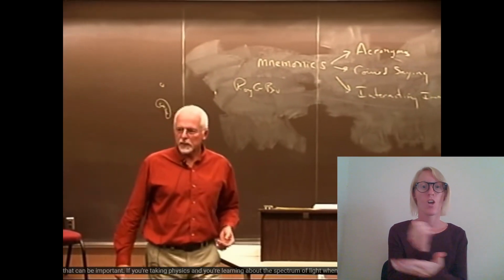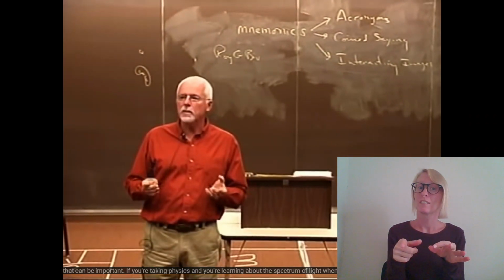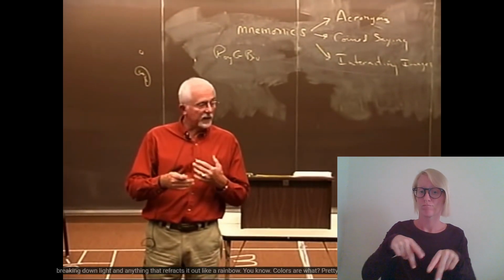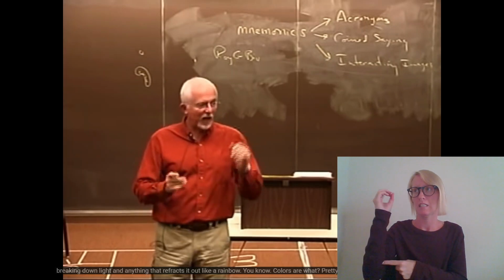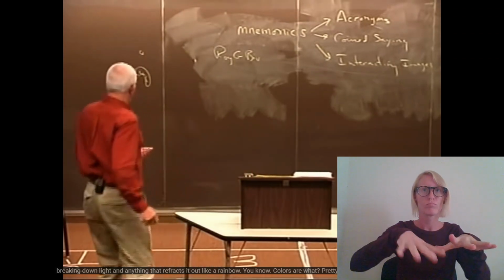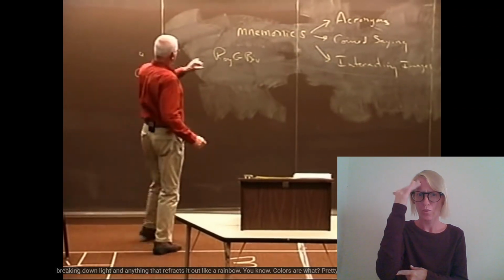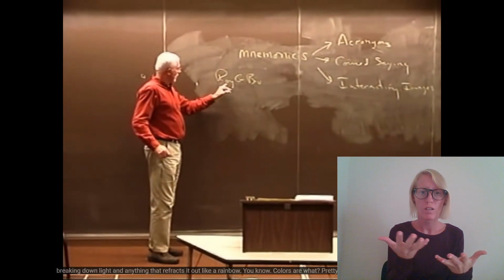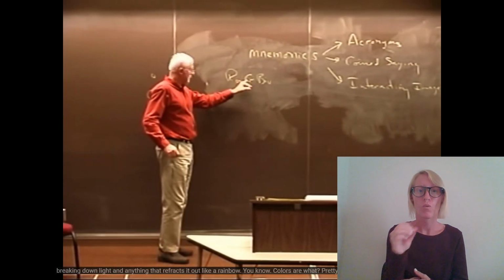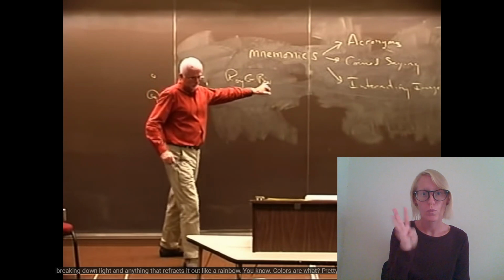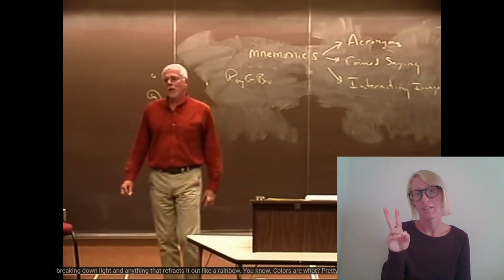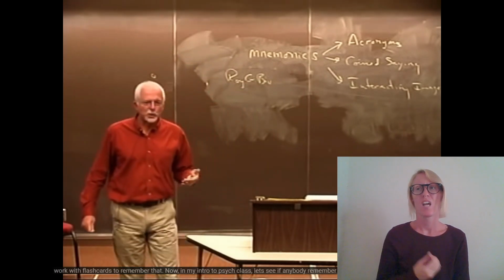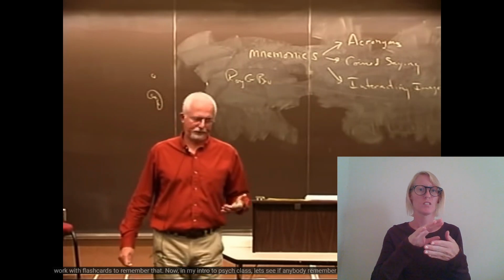If you're taking physics and learning about the spectrum of light when it goes through a prism, or breaking down light in anything that refracts it, like a rainbow, you know. Colors are what? Pretty easy. Now, how long would you have to work with flashcards to remember that?